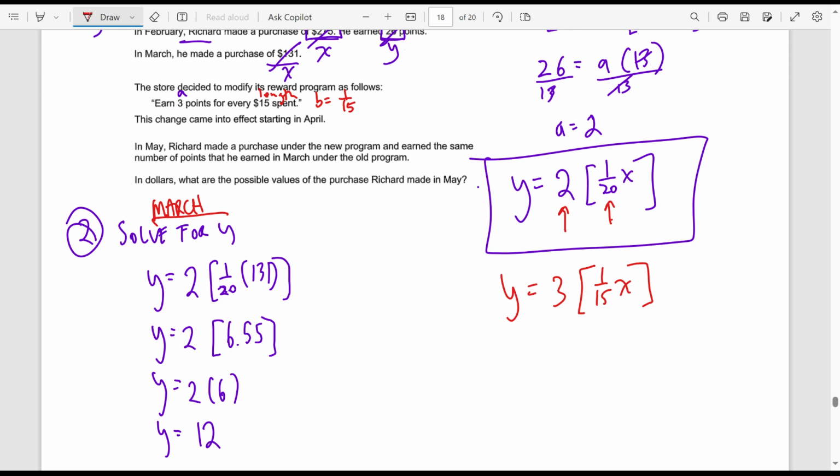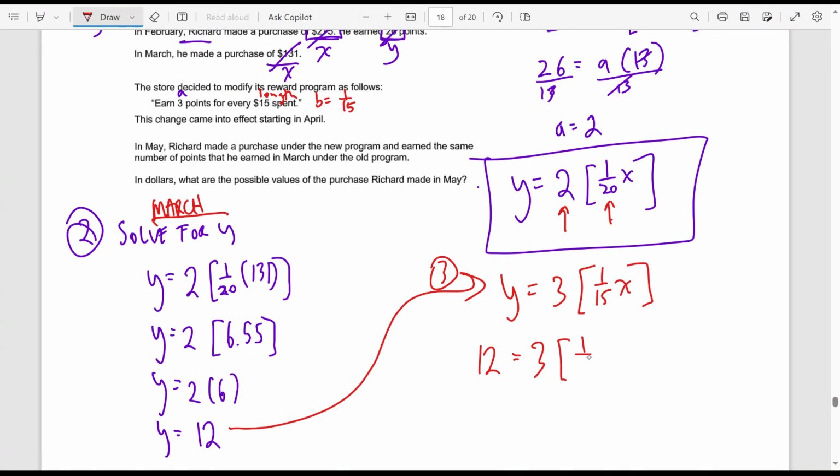We're not concerned with the 131 anymore because it's a different structure, rewards and such. So what we can do is identify that the points were the same. So for the third step, let's solve for the possible purchases, or the total purchase price, that Richard made to now get 12 points. So what does that window look like?